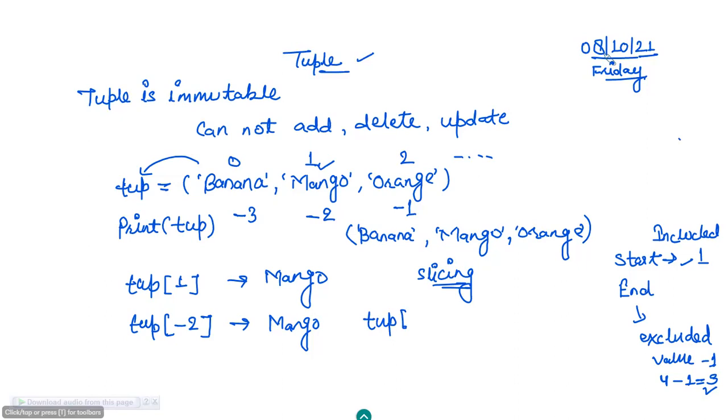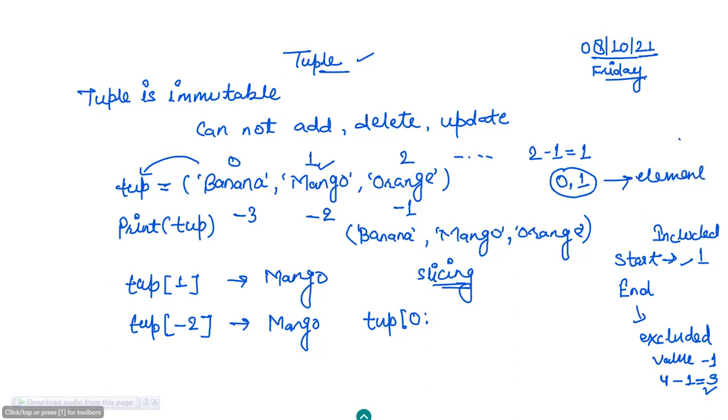Because I want to access the first two elements in the tuple, I just need to start from 0, and up to 2, because the ending value will be 2 minus 1, that will become 1. So at the index 0 and 1, the elements will be printed.